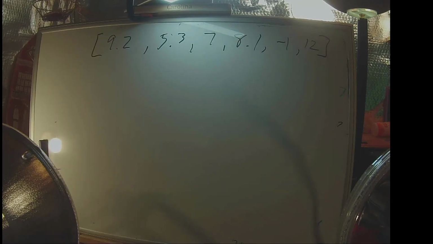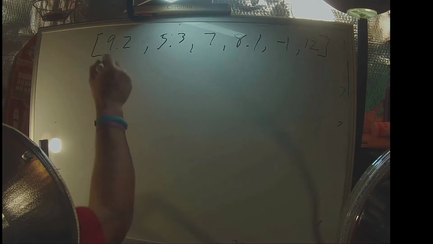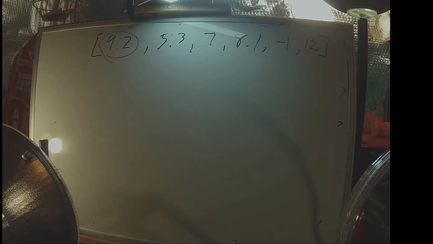Okay. So insertion sort starts, and in fact, all of these sorts start with the conception that any list of length 1 is sorted. So when you first start out, you assume that we have, as a sorted list, a list of 9.2.